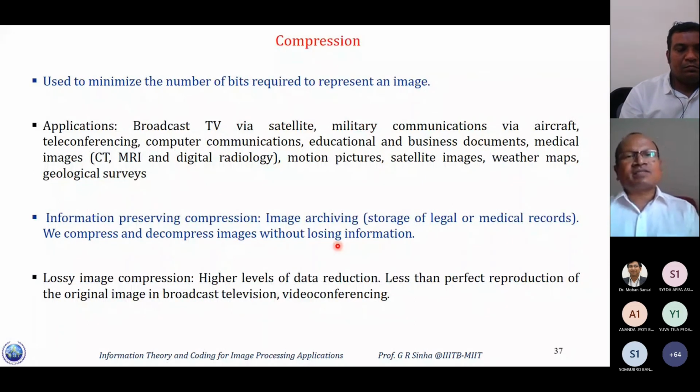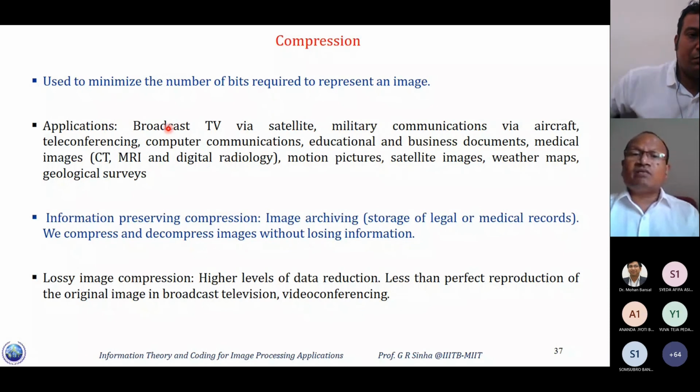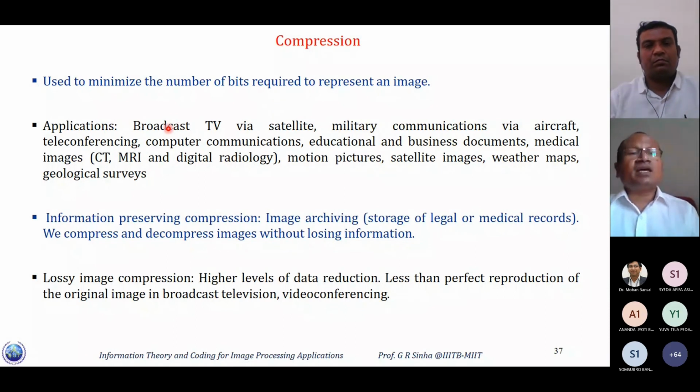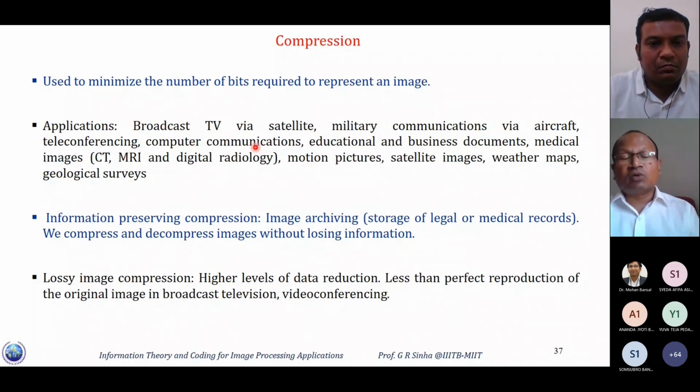So what is compression and how is it applied? It is used to minimize the number of bits required to represent an image. The actual number of bits required gets reduced, in applications like broadcast TV, satellite TV, military communication, aircraft, teleconferencing, and computer communication.